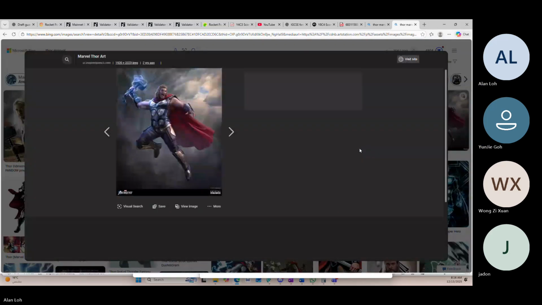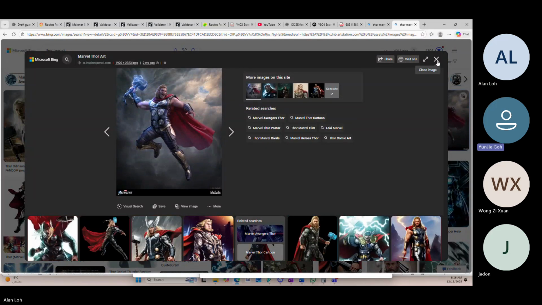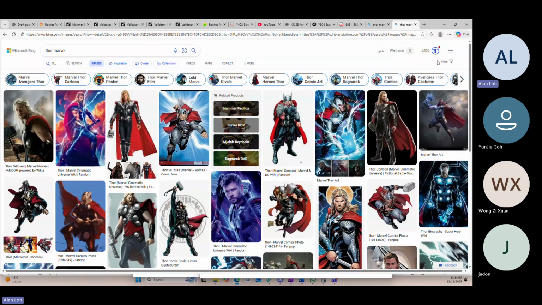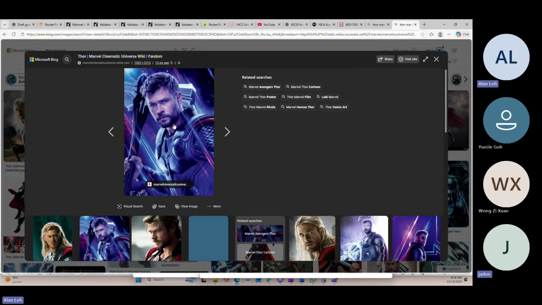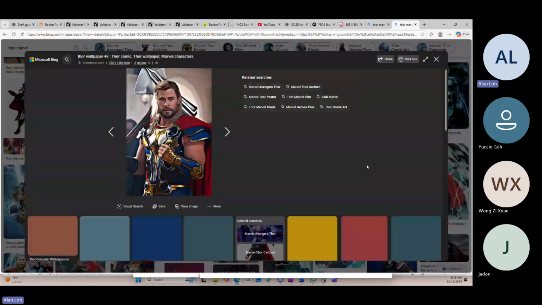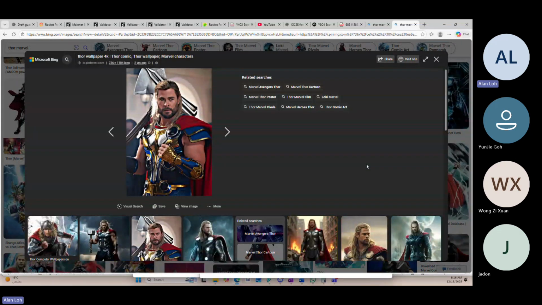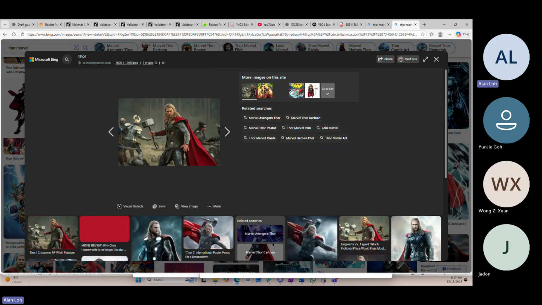This guy is in one of the Marvel movies. He's holding this very big axe. Jaden and Yuan and Xuan, I think you know who Thor is, right? This guy holding this very big hammer. I don't know what you call this, but let's call it hammer. Right, let's go back to that page.